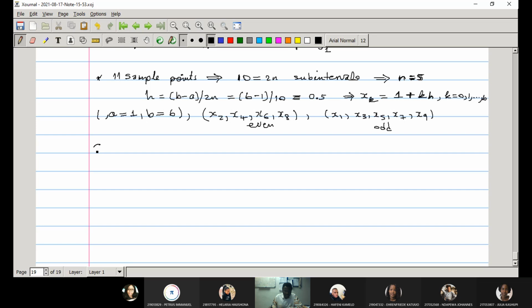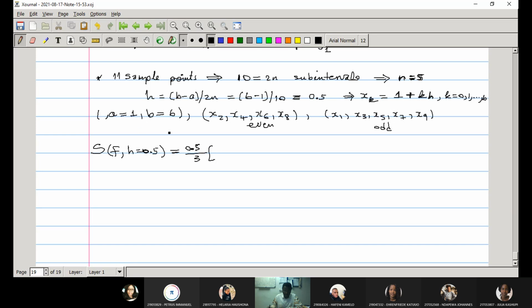So therefore, we can say that our composite Simpson rule for this case, h is our 0.5. So that will be equal to h by 3, which is 0.5 divided by 3.